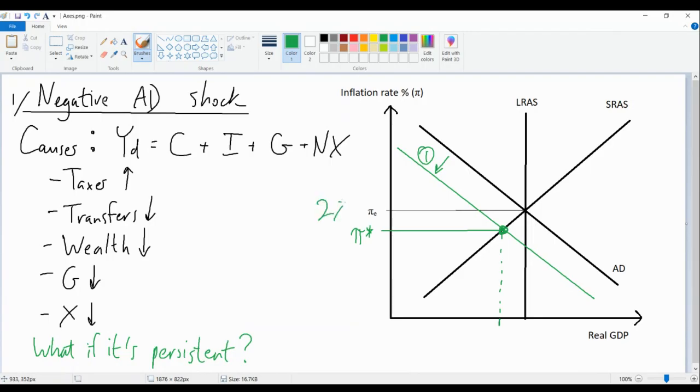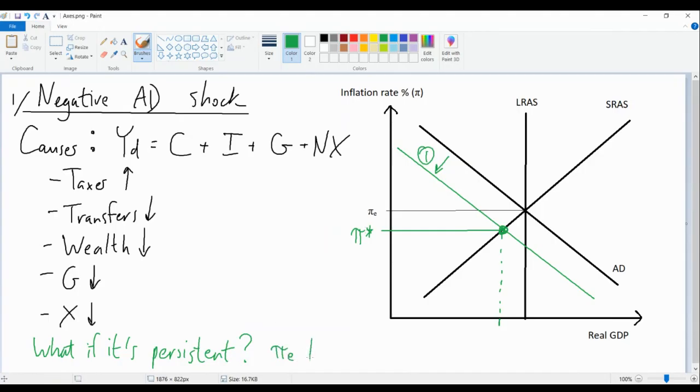Well, let's say this is 2%, and this is 1%. Well, if inflation keeps coming in lower than you expected, what's going to happen eventually? You would reasonably update your expectations and start to expect lower inflation.